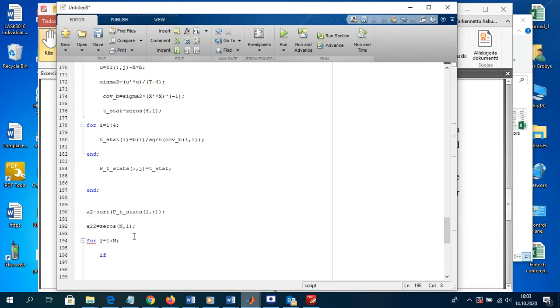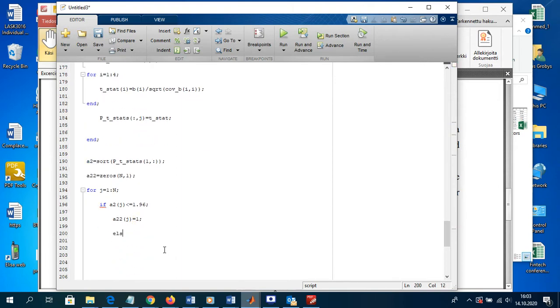So if the element j in the vector A2, where we have the sorted t-statistics for the alpha, is smaller or equal to 1.96, then the vector A22, element j, should be equal to 1.